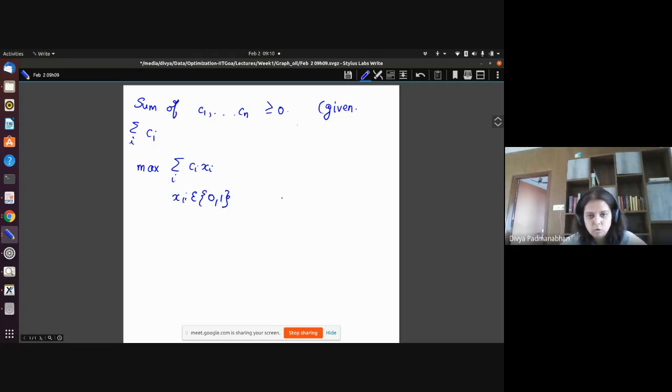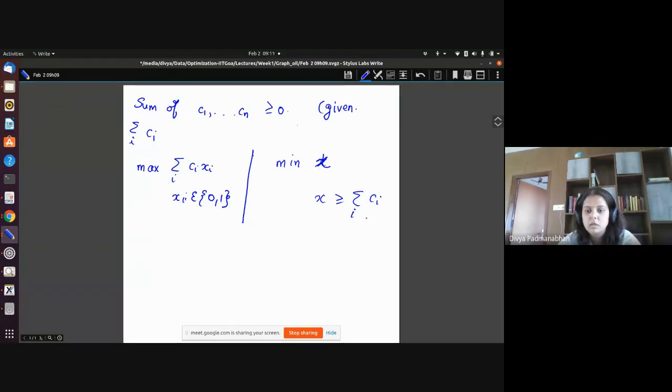So this is an integer program. You can also write it as a linear program: minimize x, where x is the variable and x is greater than the sum of ci. This is also a perfectly valid formulation.